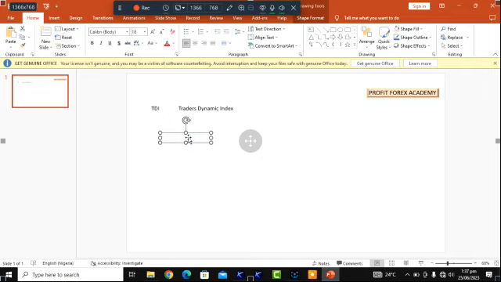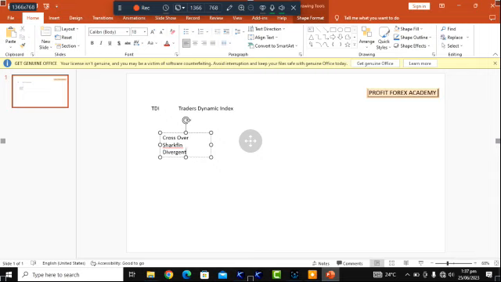One of them is crossover. The next one is shark fin, and then the divergent, or you call it divergence.